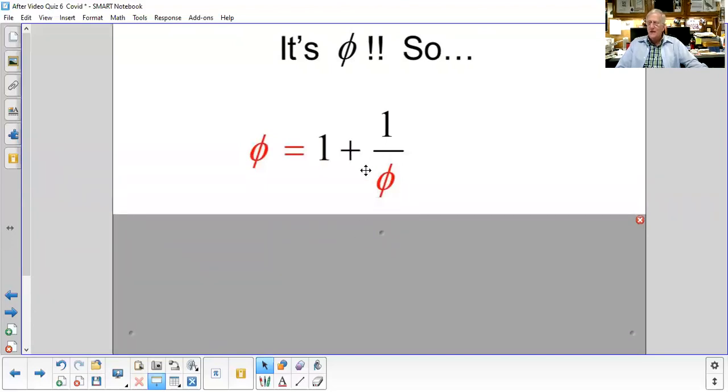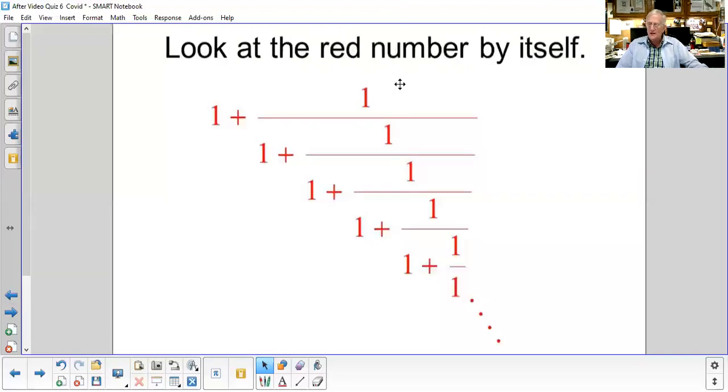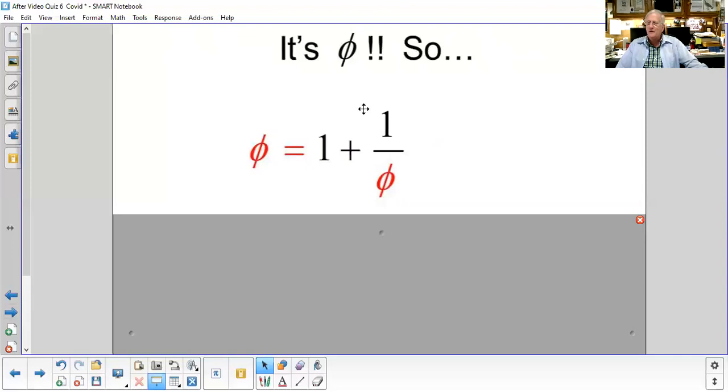Actually, the bottom down here is just another example of phi. So in other words, we take this right here, all of this, and we replace it with phi because it's equal to phi. And since that's what's on the bottom underneath the 1, we replace it with a phi.